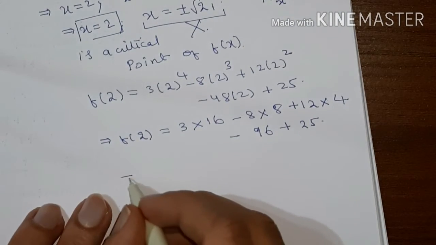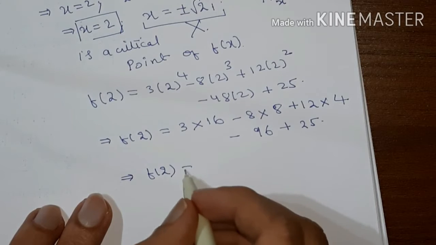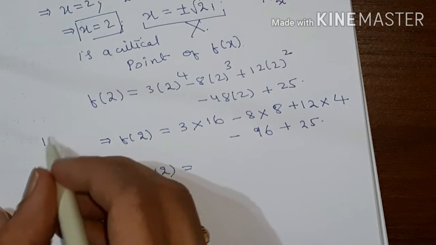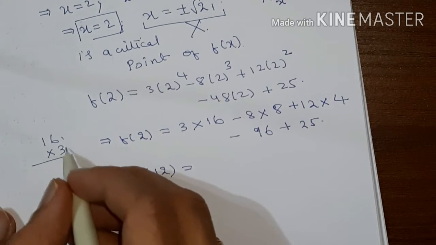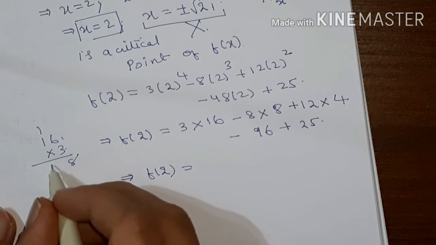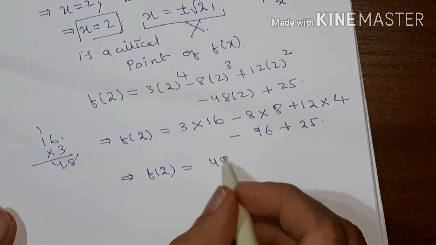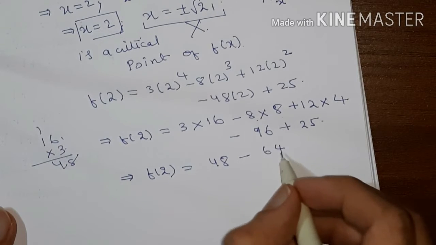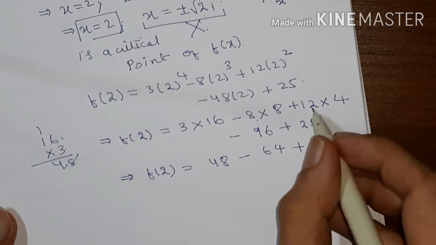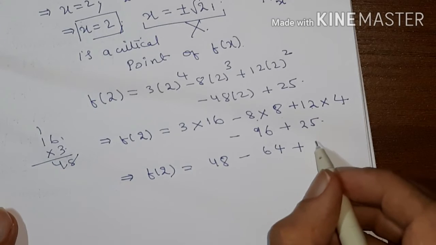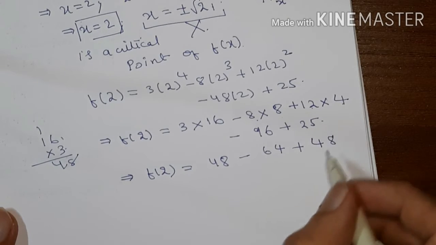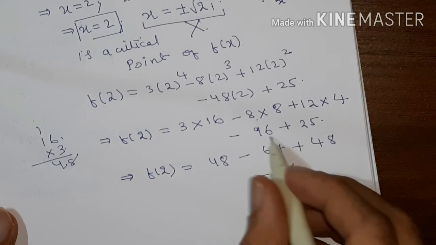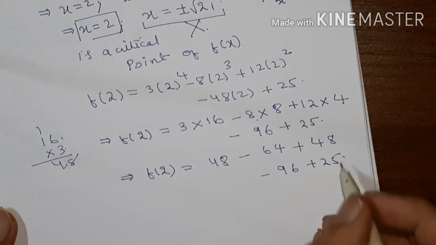That means f of 2 is 16 multiplied by 3, which is 48, minus 8 multiplied by 8 is 64, plus 12 multiplied by 4 is 48, minus 96, plus 25.